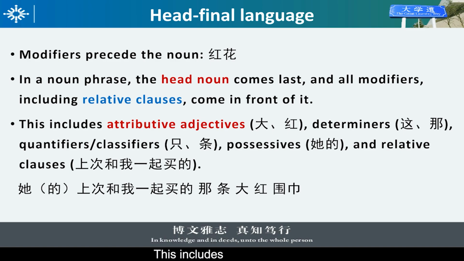This includes attributive adjectives like big or red, determiners like this or that, classifiers, possessives, and relative clauses. Look at this whole phrase as an example: 他上次和我一起买的那条大红围巾. There are multiple modifiers before the head noun 围巾. All these modifiers come before the head noun.